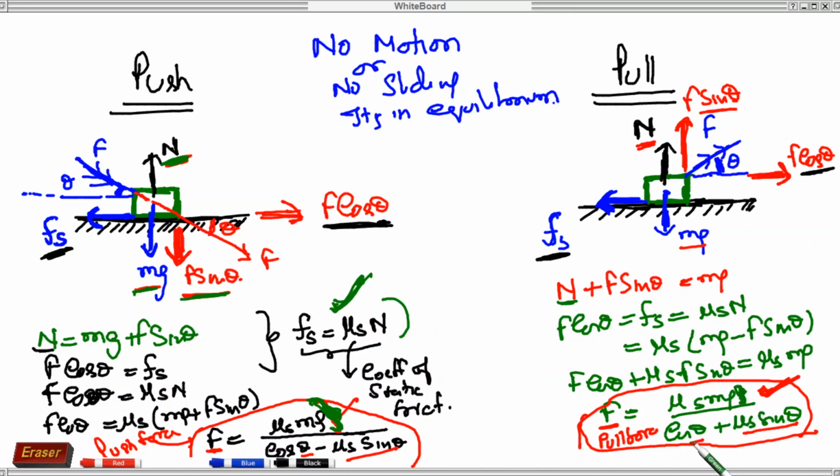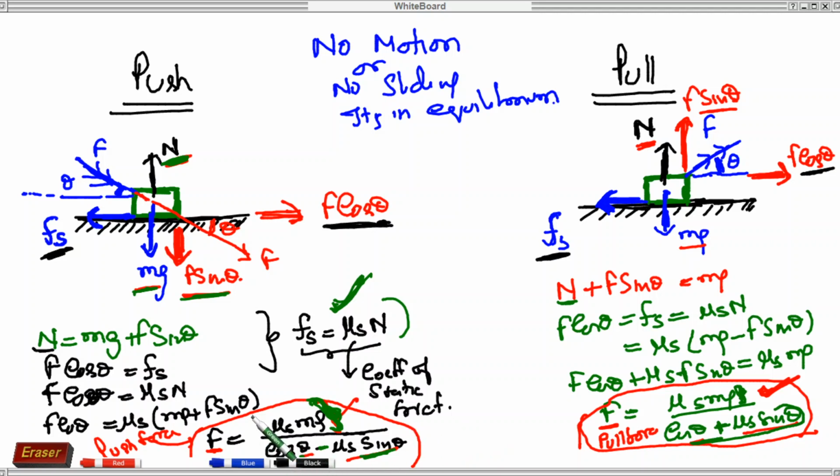But the thing is this lower part, cos theta plus mu s sin theta, will be a big value, greater than this cos theta minus mu s sin theta, because here we have a minus sign, but here we have a plus sign. So which one will be greater? You have to think which one will be greater.